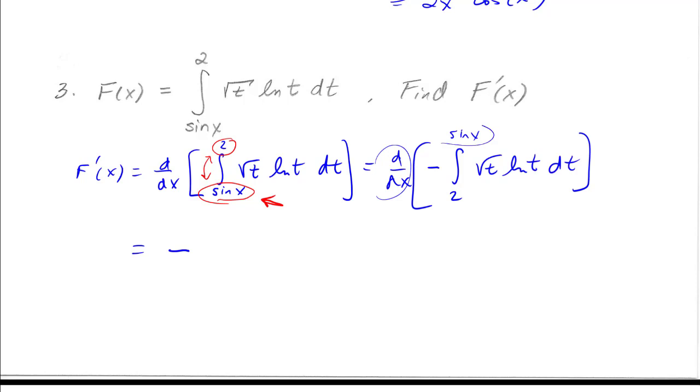derivative. It's not x, it's sine x. So that just means sine x is going in for t, and then we need to append it with the multiplication of the chain rule factor.